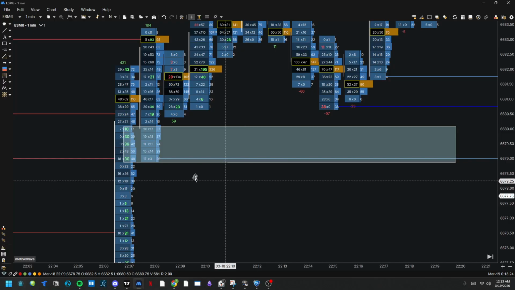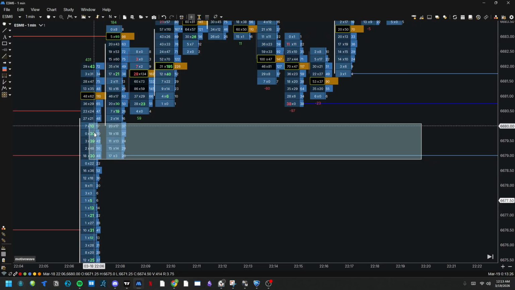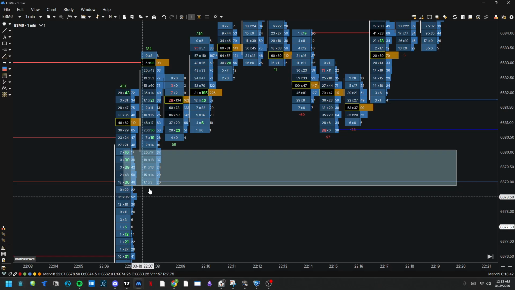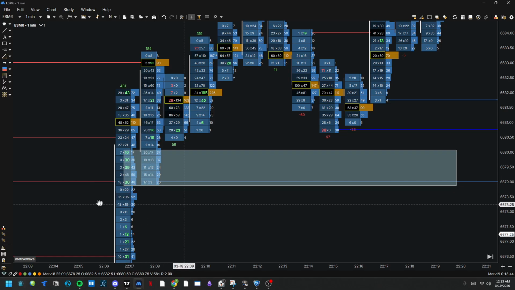So here's the thing. Just because we have these here does not take away the validation from these. You just care about the order flow that happened at each stacked imbalance. For example, in this case we trapped 17 FAs, 17 on 3, and sellers weren't really getting anywhere.